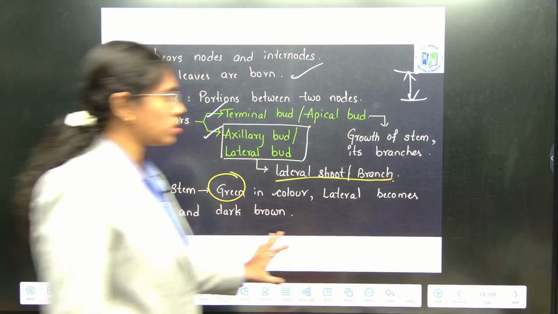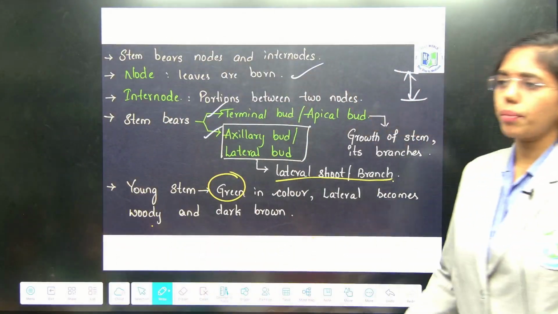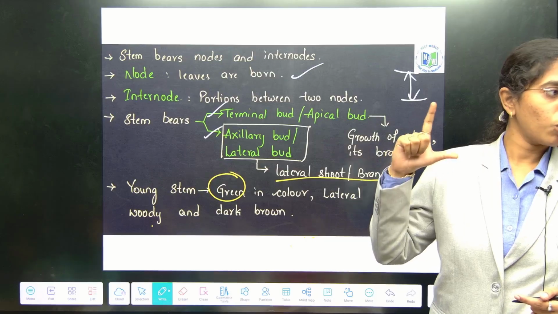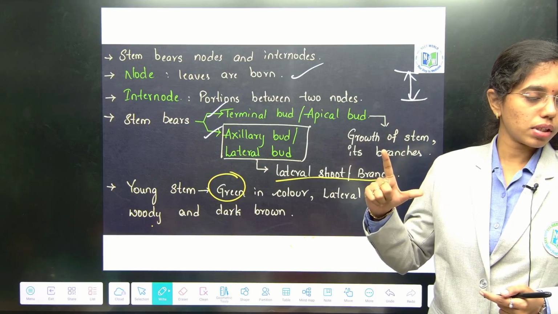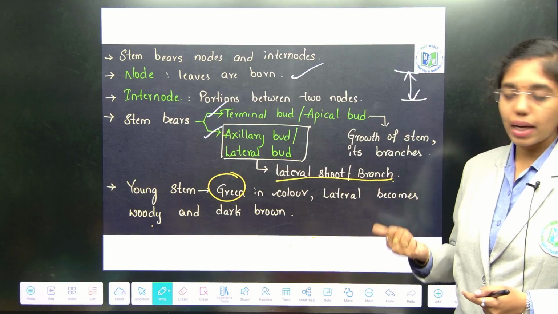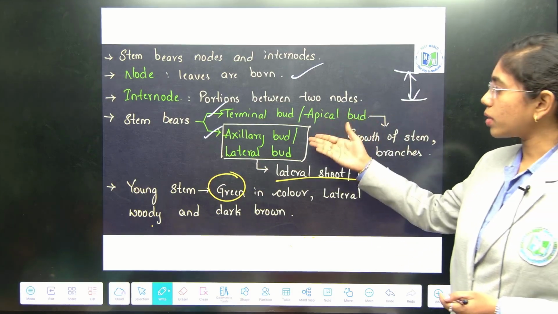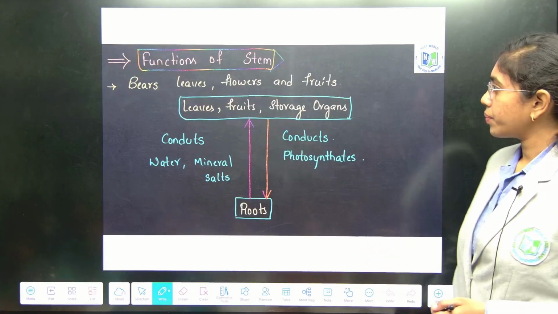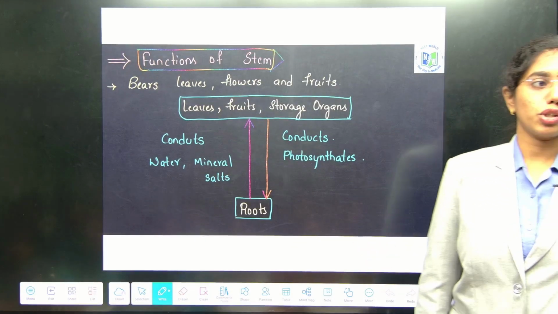This is the basic concept. What you have to remember from here: over the stem you will have nodes and internodes. The more the internodal length, the more the length of the stem. Internodal length will be increased by the action of gibberellic acid. Stems will bear two types of buds, apical and lateral buds. That's all. What are the major functions of the stem?